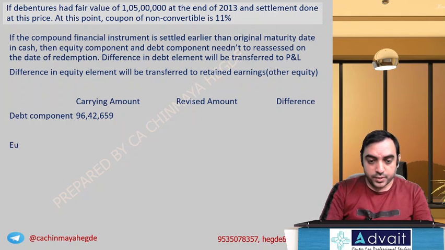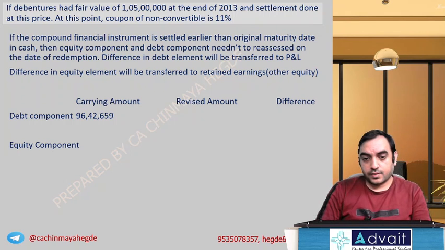The equity components will not change, 12 lakh 15,080, I think, right? That will not change.